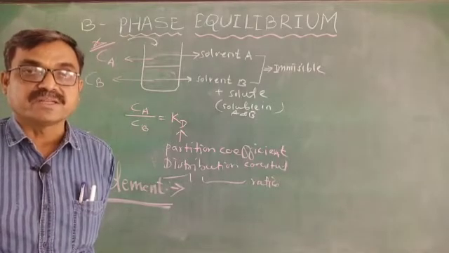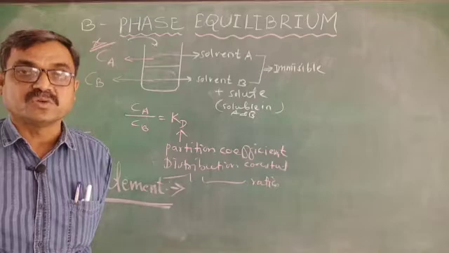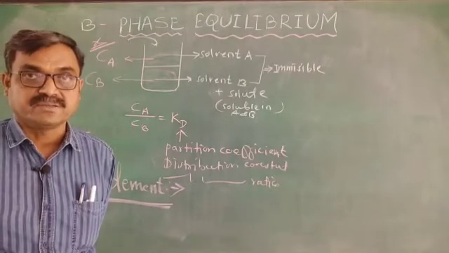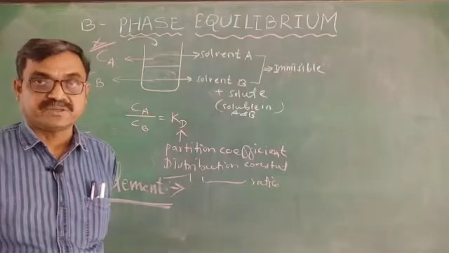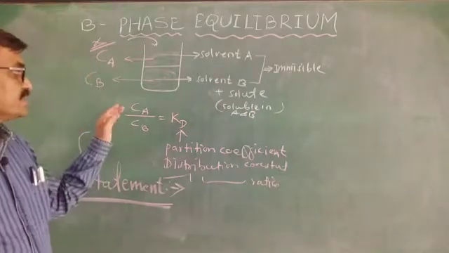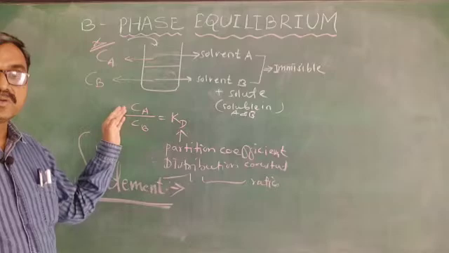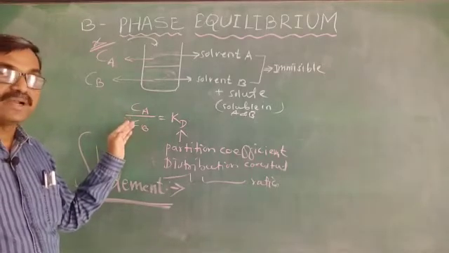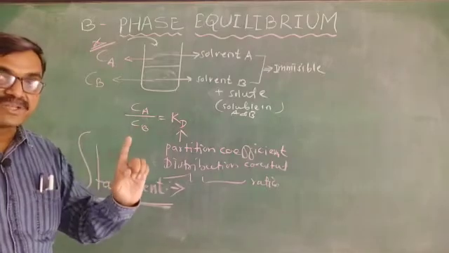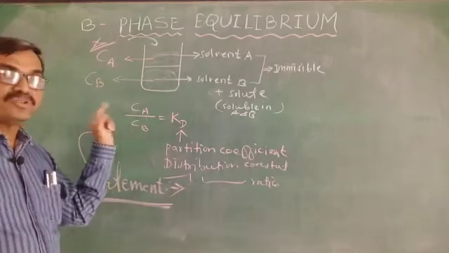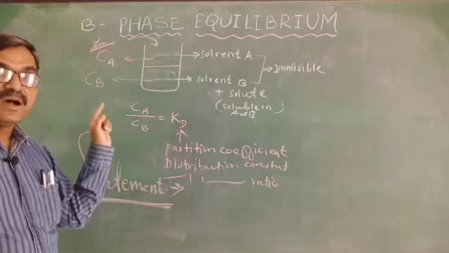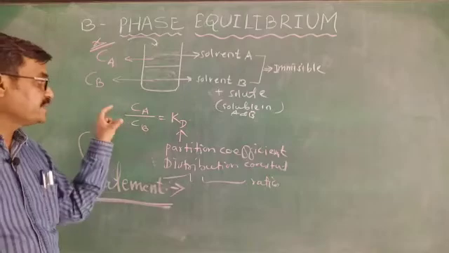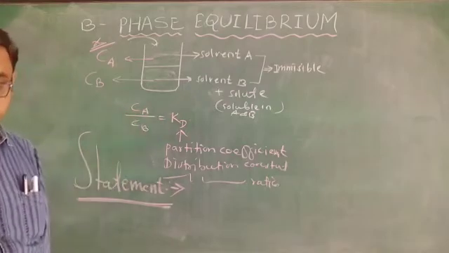Then the ratio of concentration of that solute in both of the solvents is constant. This is the statement: the concentration of solute in solvent A to solvent B at the same constant temperature, and at the time of dissolution the solute must be in the same molecular state in both solvents, then this ratio is a constant.